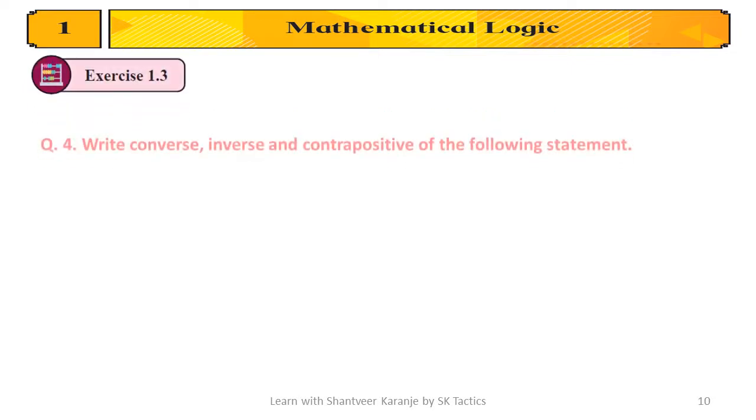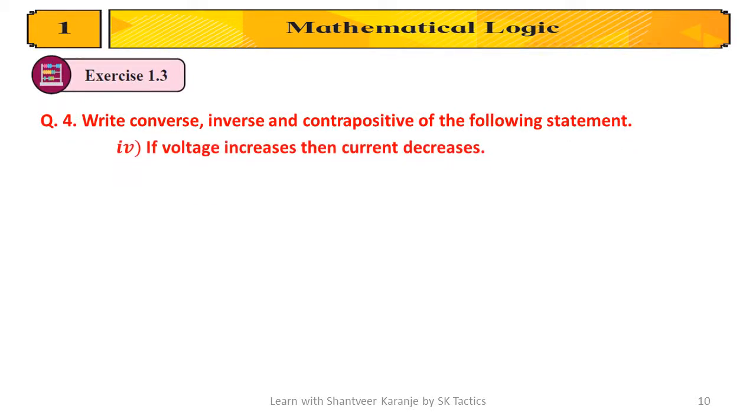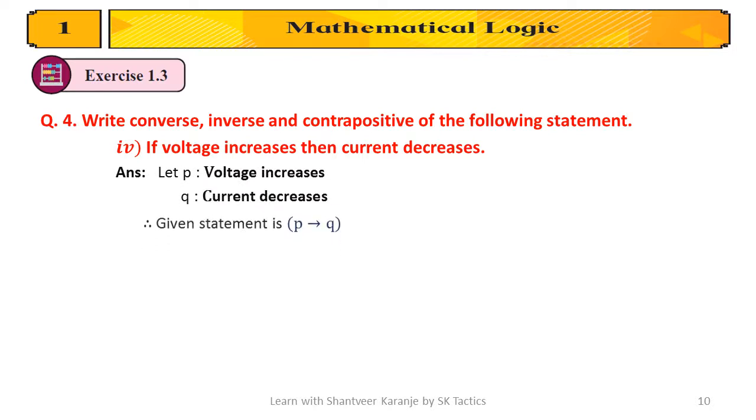Let's move to the next one. Question number 4: if voltage increases, then current decreases. Again we bifurcate this with P and Q. P is voltage increases, Q is current decreases.